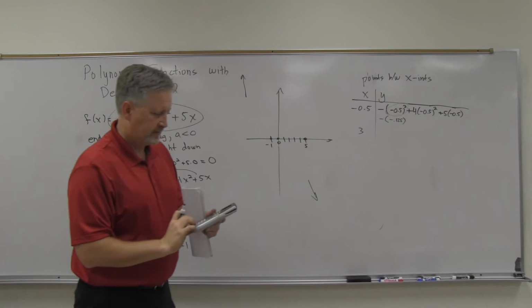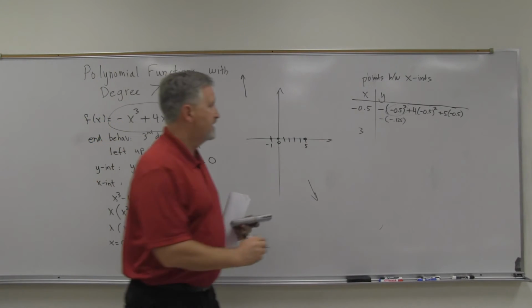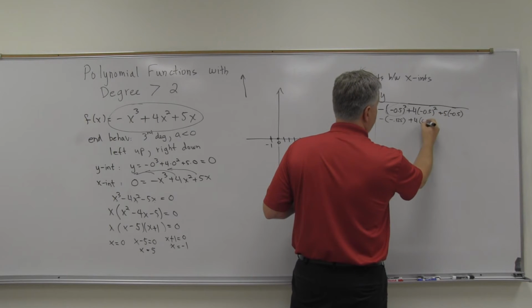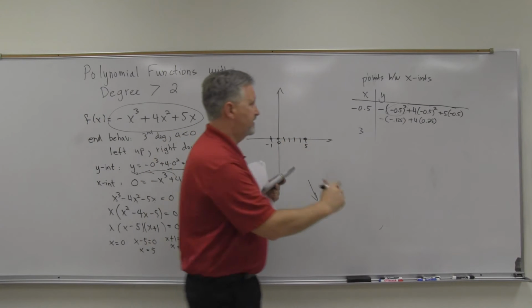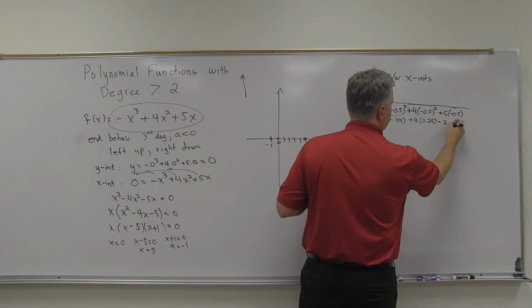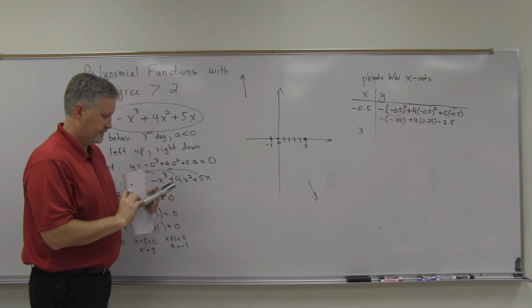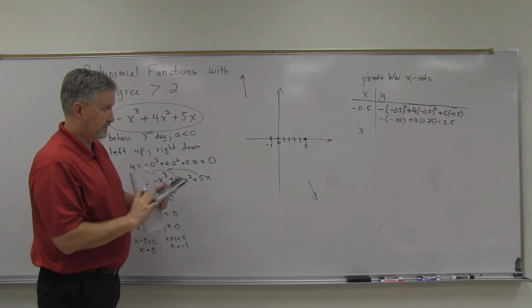It'd be a positive one, so it's going to be a positive 0.125. And this will be 4 times negative 0.5 squared. That'll be a positive 0.25 because you're squaring a negative. So just have to be careful with your sign. So what does that all give me?